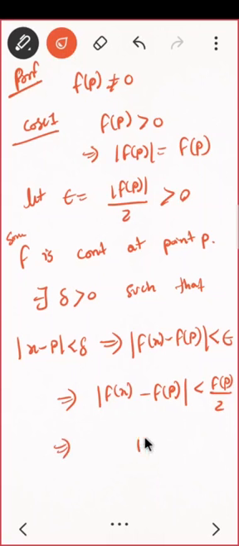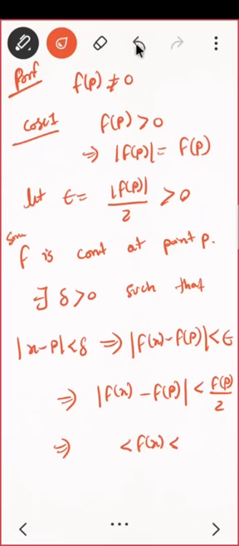Can somebody tell me what the lower limit and upper limit of f of x are? Anybody? I'm just jumping to one more step. If you don't want that, then I can write it properly.